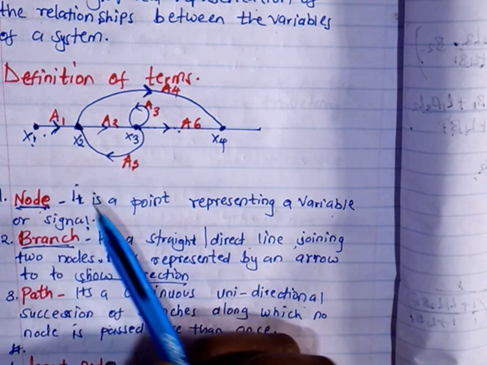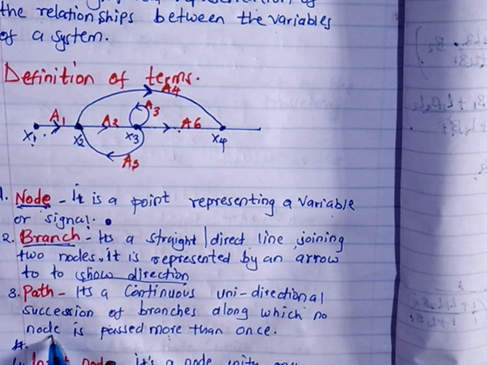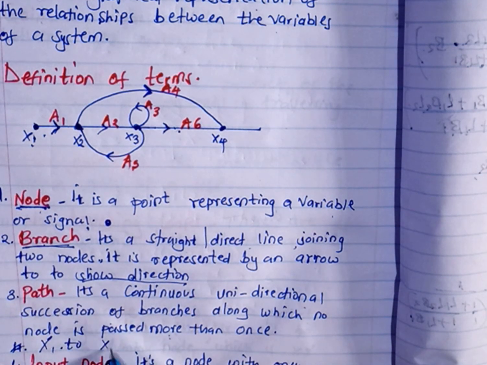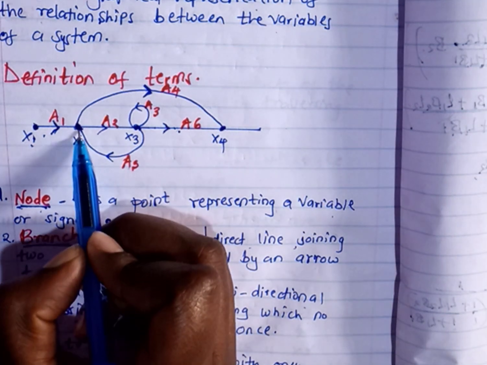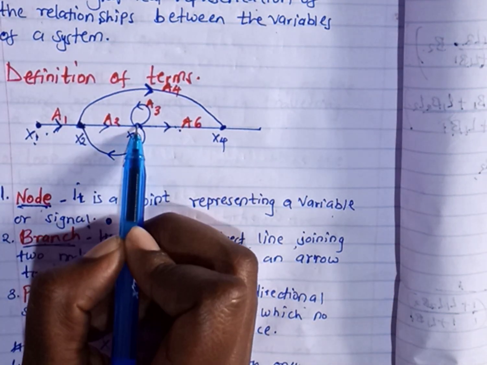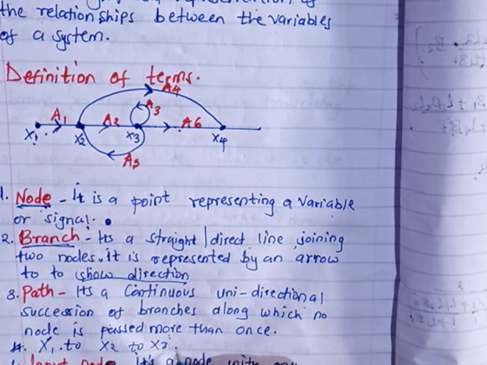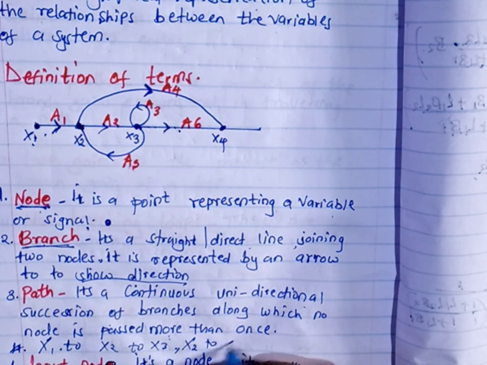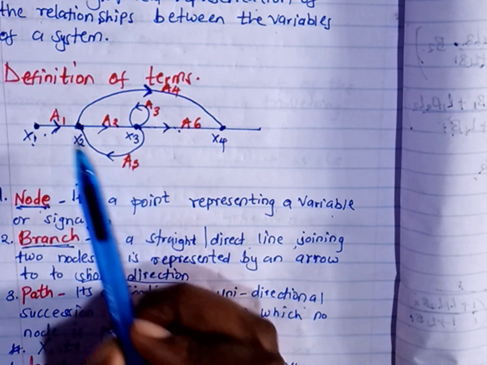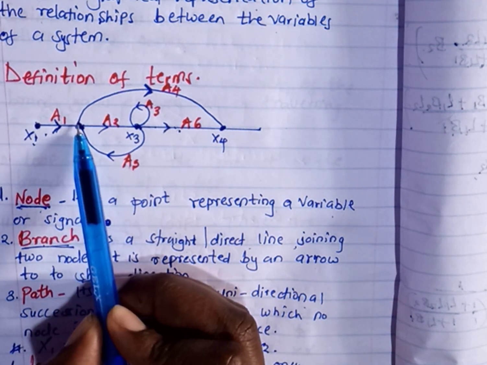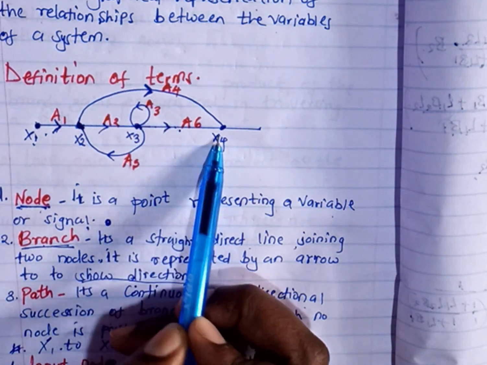I can have this path, which is from x1 to x2, then to x3, as my first path. Then I can have this path from x2 to x3, then back to x2. Then we still have this path from x1 to x2, then to x4.